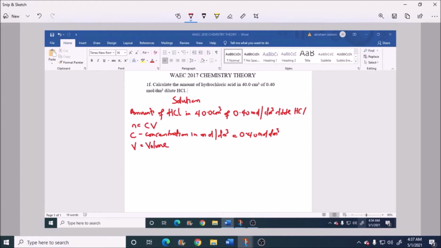V is equal to volume in dm cube. Don't forget that from the question we are given the volume as 40 centimeter cube.